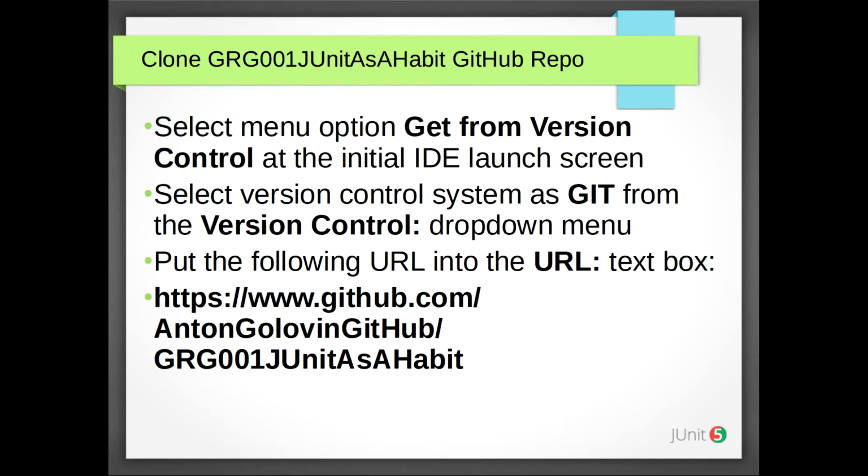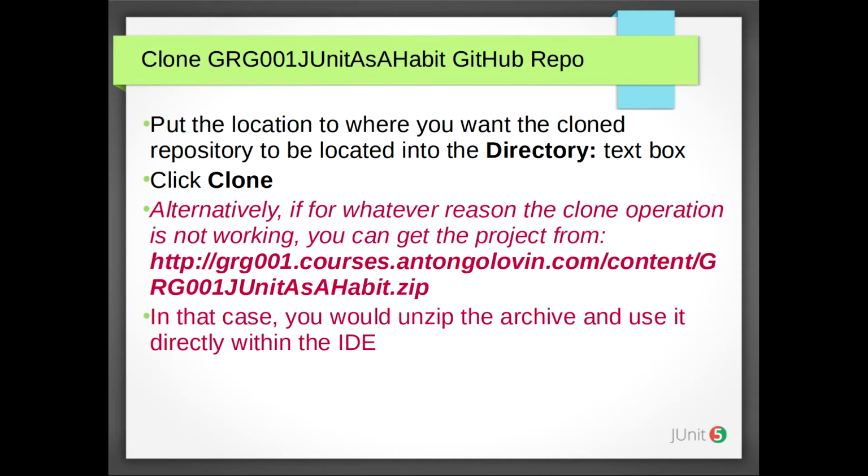Put the following URL into the URL text box: https://www.github.com/entangolovin/GRG-001 JUnit as a habit. Put the location to where you want the cloned repository to be located into the directory text box. Click Clone. This should download the initial project to your local hard drive.